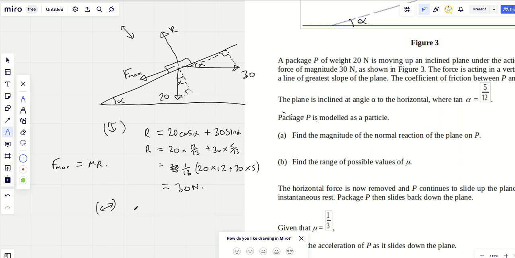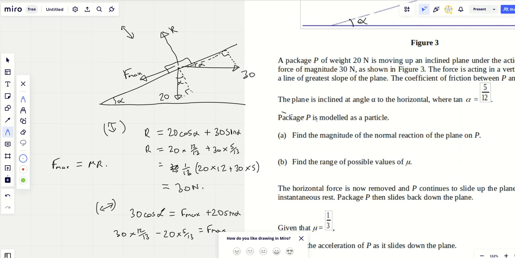So we've got 30 cos alpha this time, going up the slope. That's going to equal F max plus 20 sine alpha, force going down the slope. And so we've got 30 times 12/13 minus 20 times 5/13, and that equals F max.